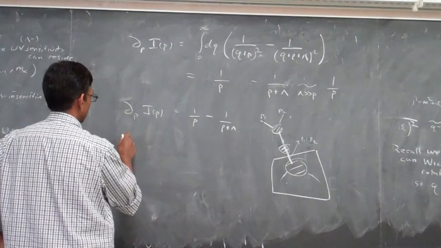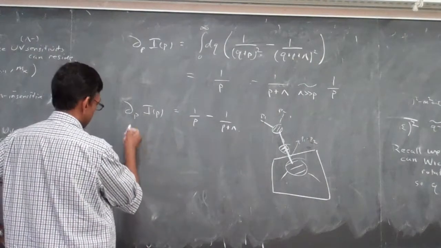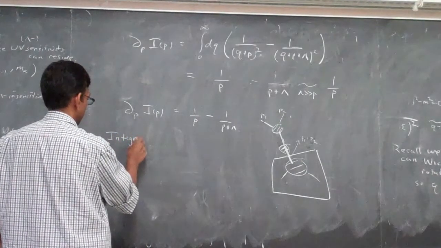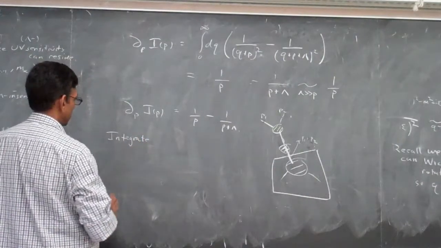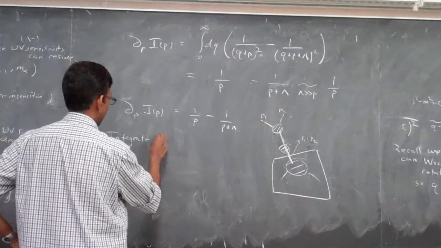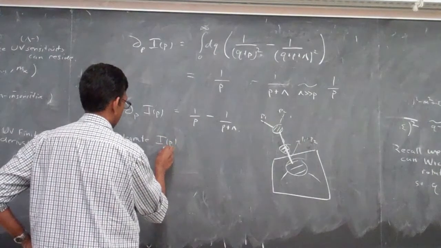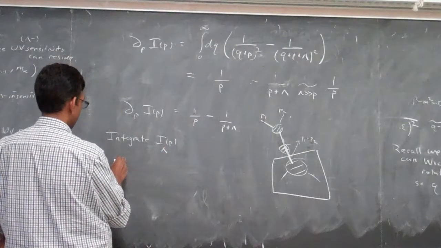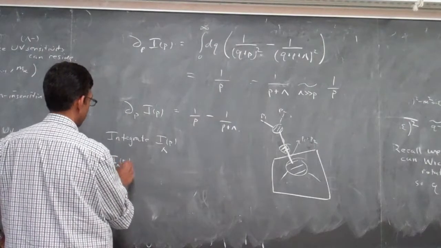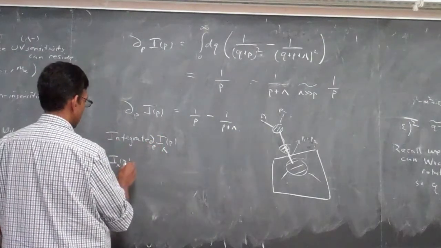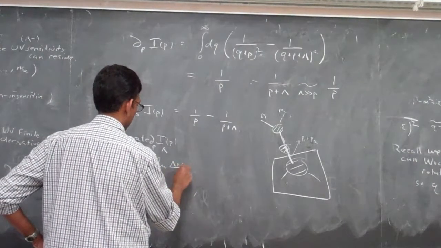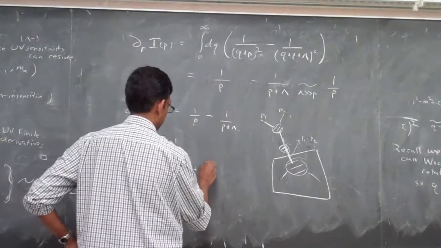So suppose I integrate dp of this, then I get I of p equal to log((λ+p)/p), plus an integration constant.